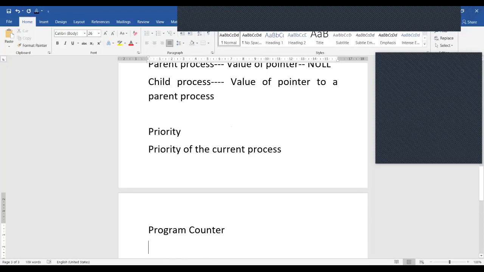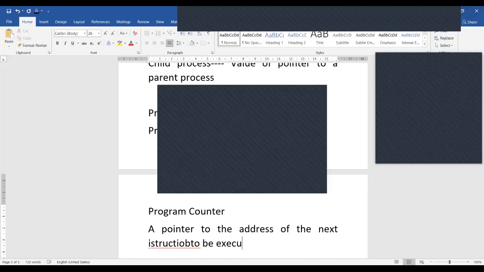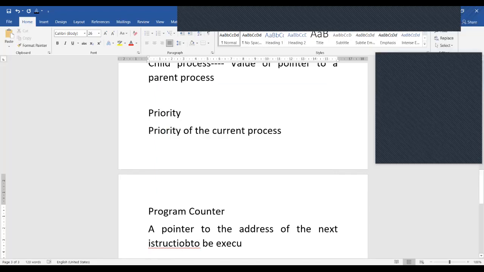So program counter is again a pointer to the address of the next instruction to be executed for this process. Sorry, the pointer is the address of the next instruction.